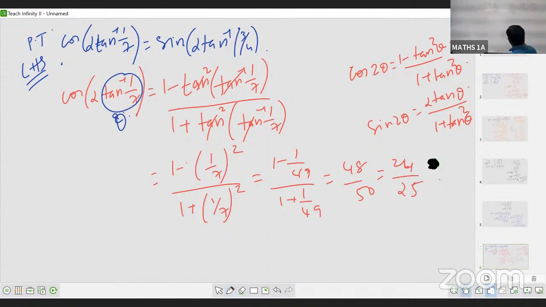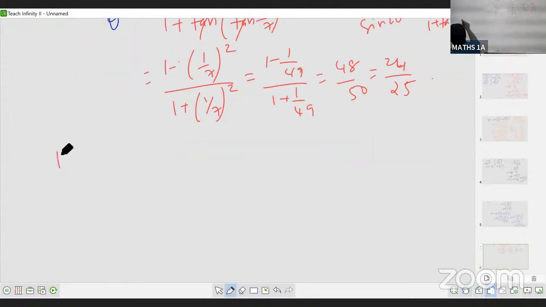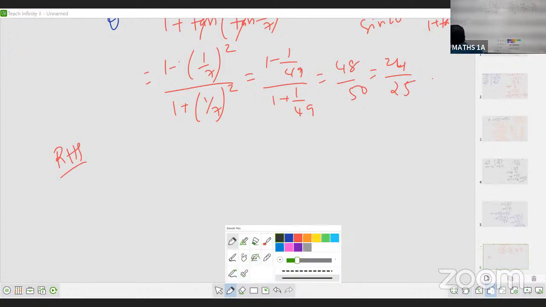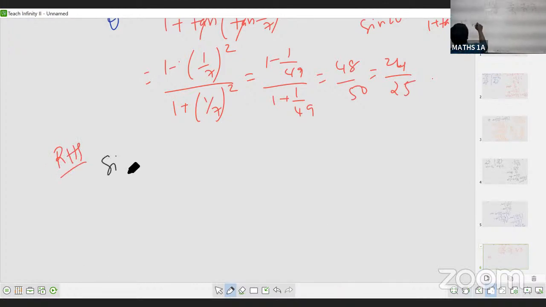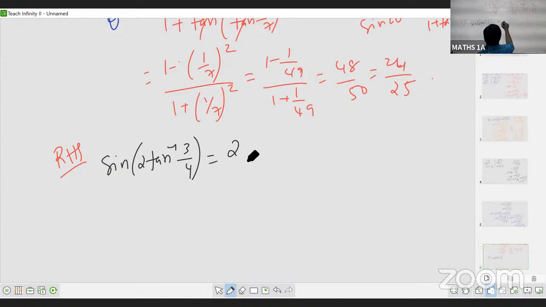Now you take RHS. What is your RHS? Sine 2 tan inverse of 3 by 4. This is your theta, sine 2 theta, right? That is 2 tan theta divided by 1 plus tan square theta, where theta is tan inverse of 3 by 4.